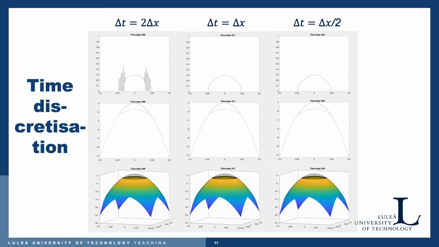It is very important to consider time discretization correctly, and you will elaborate on this in your assignment. And here you have an example of what may happen. So we have three different time steps relative to the spatial discretization, the mesh size in X and Y direction, which can be assumed to be the same here, or they were assumed to be the same.